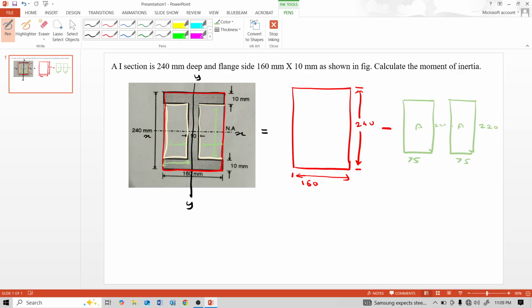So the moment of inertia about this X axis is I xx.